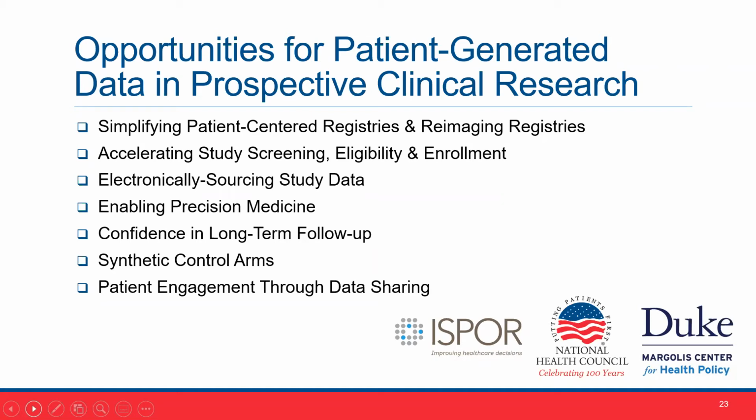We can start to relook at our challenges around study enrollment, whether the screening process, evaluations of eligibility, and so on, when patients have better and consistent and rich access to their electronic health data.